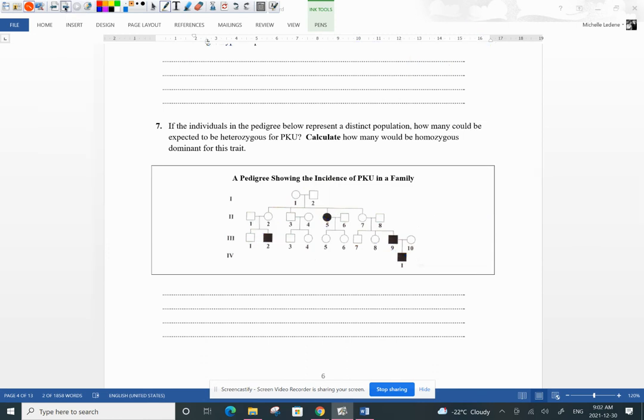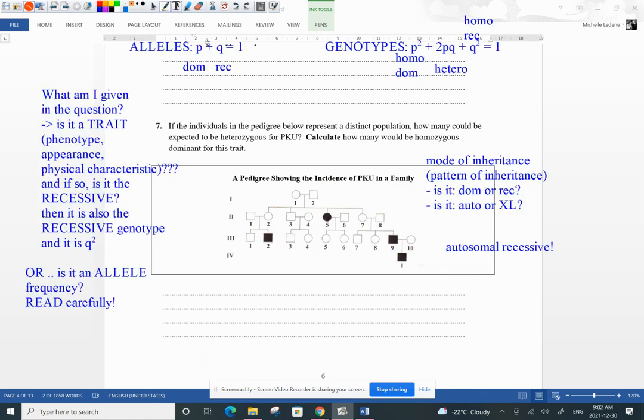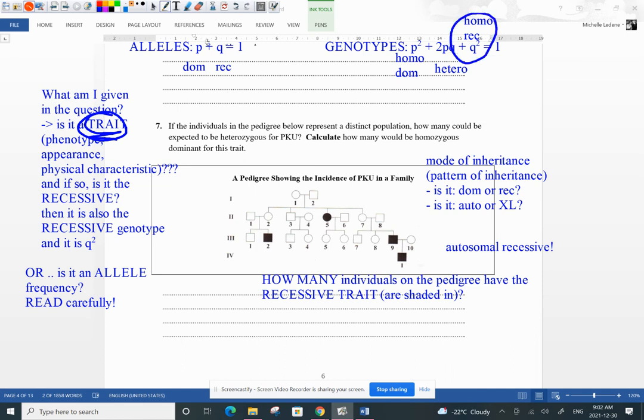Autosomal recessive is my mode of inheritance. Once we figure out it is autosomal recessive, now we have to figure out how many individuals on the pedigree have this recessive trait. How many are shaded in? Basically, they've given us a recessive trait, they've given us the q squared. So there are 1, 2, 3, 4 individuals out of how many?